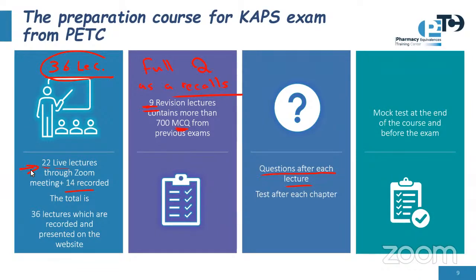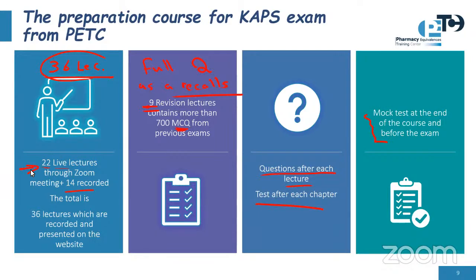Also after each chapter we will have a test for this chapter, containing many questions from the previous exams. Not only that, the last thing is the mock test. This mock test will mimic the real exam.